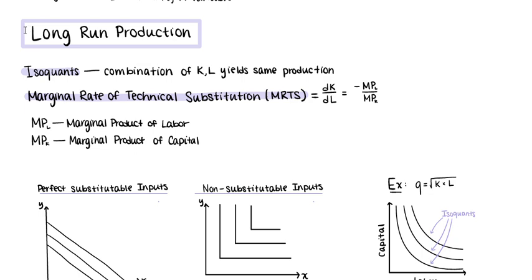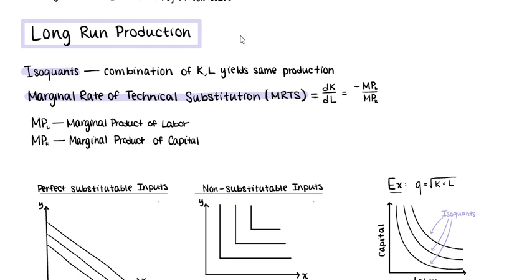So let's talk about long run production. Just like we have indifference curves, we have isoquants. Indifference curves hold constant utility along the curve, and the isoquant is the combination of capital and labor that yields the same production. It's a very similar concept to the indifference curve.